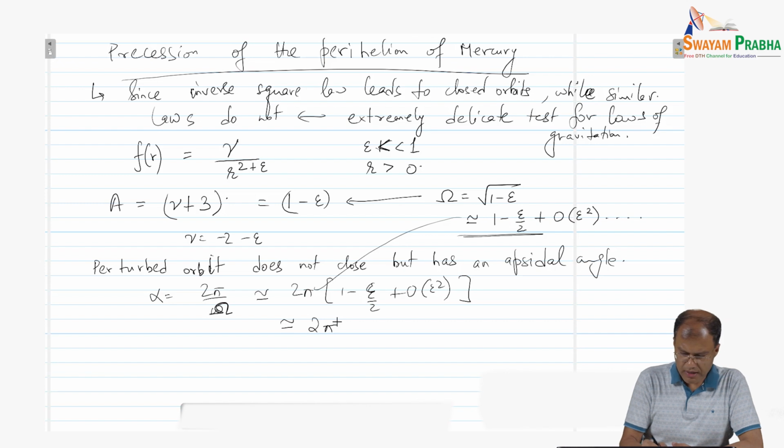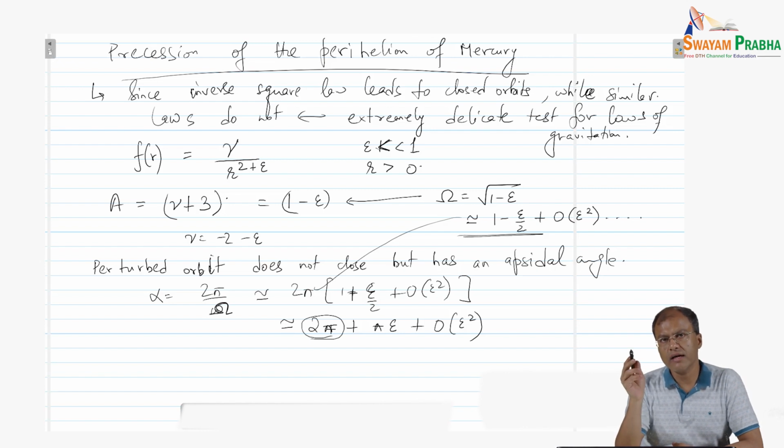What have we got? Well, this is 1 over omega, so the binomial expansion will include a plus here. So 2 pi plus pi epsilon plus order epsilon square, right? So what is happening is this alpha is the angle which each sector of the revolution makes with the apsidal distances, right?